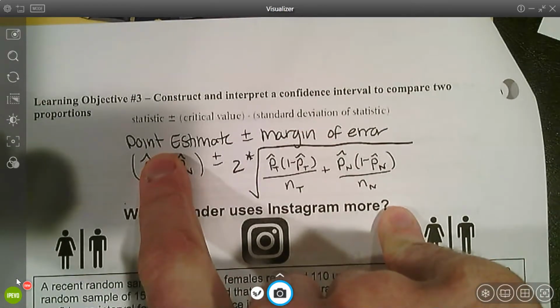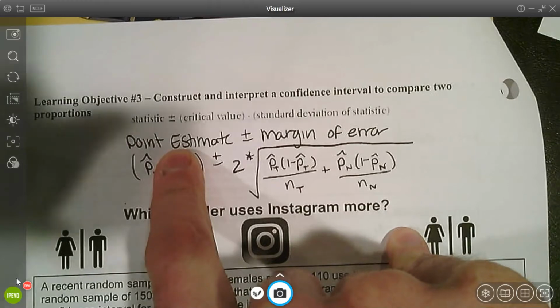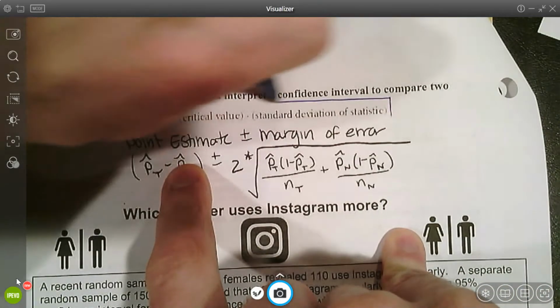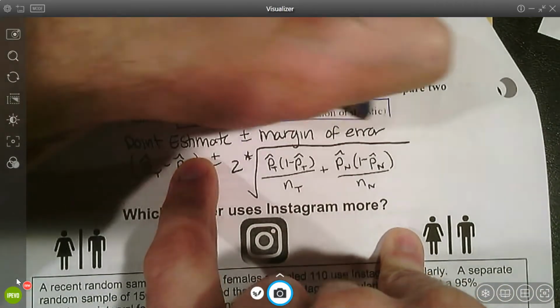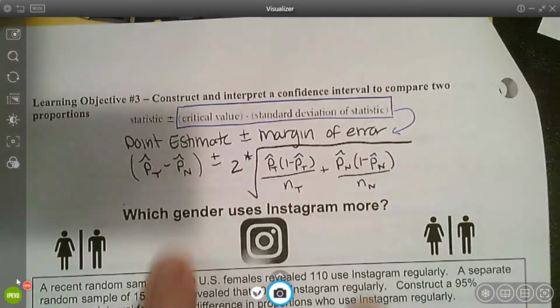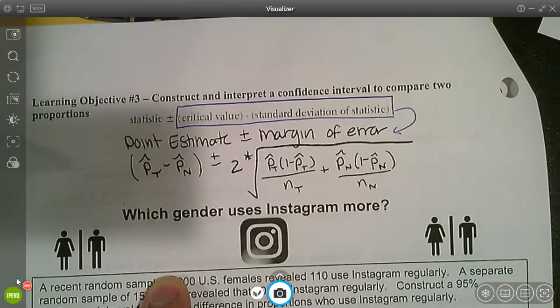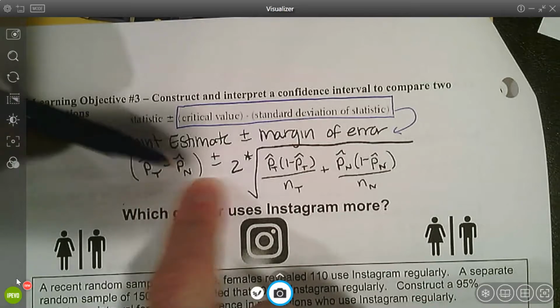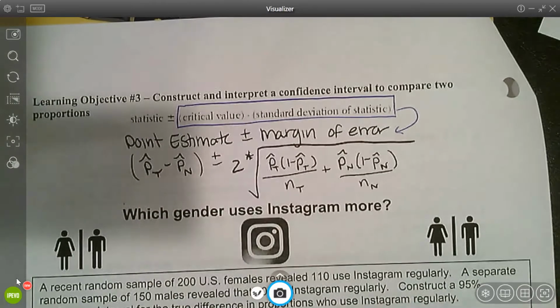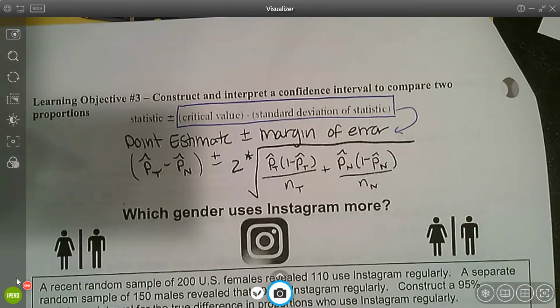So it's going to be the point estimate, which is what we call the statistic, plus or minus the standard error times the critical value, which is referred to as the margin of error. So this is what this is going to look like. You have two different groups, some critical Z value, as long as you can use a normal distribution.